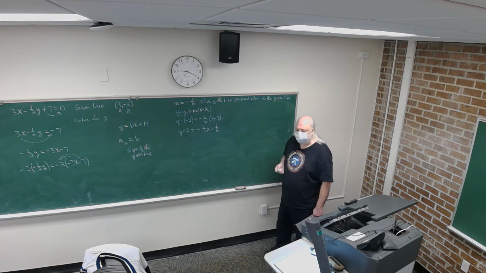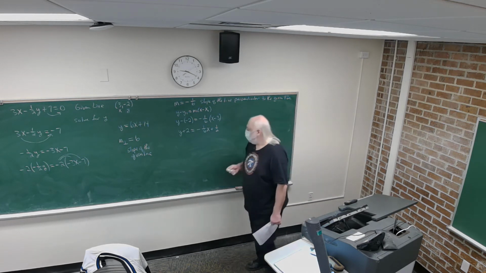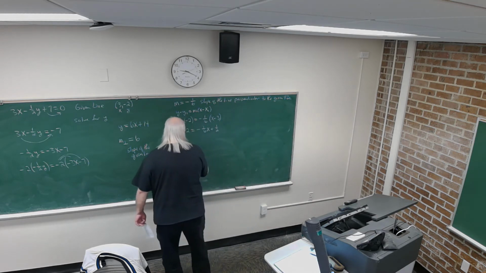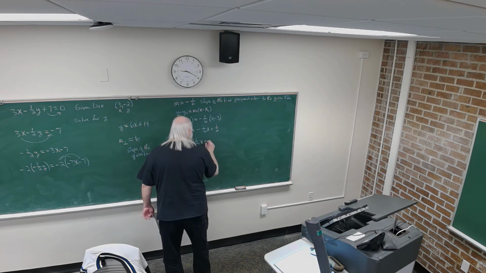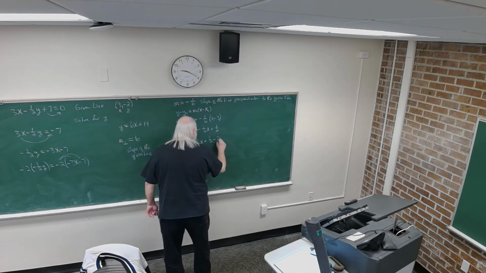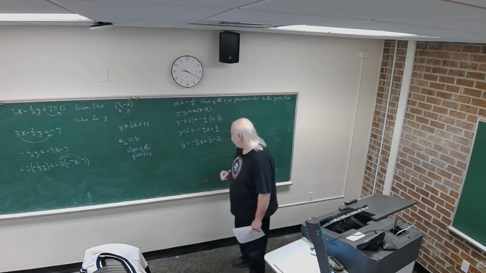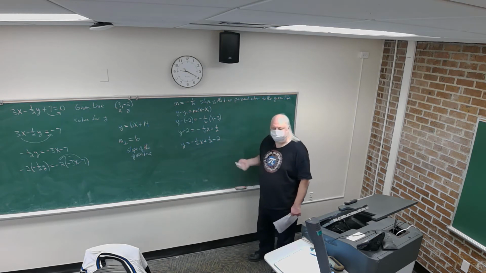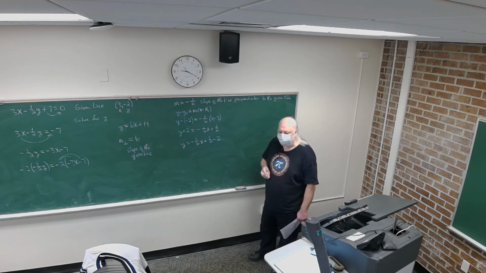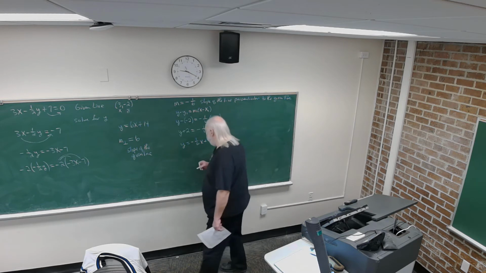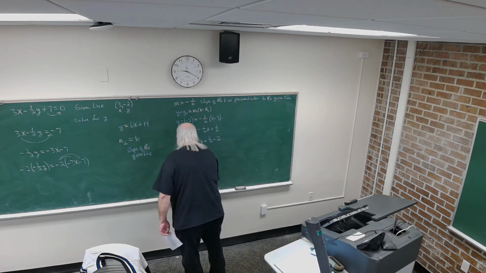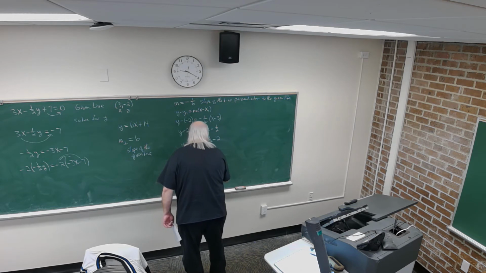And now you subtract 2 from both sides. y is equal to minus 1/6 x plus 1/2 minus 2. And 1/2 minus 2 simplifies to minus 3/2. So we have y is equal to minus 1/6 x minus 3/2.